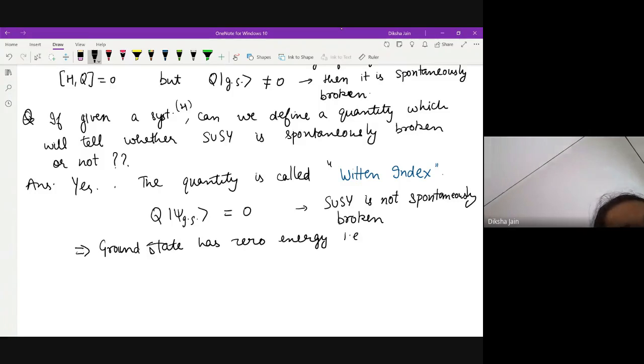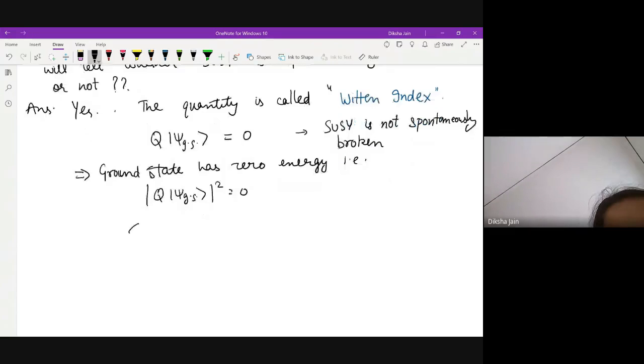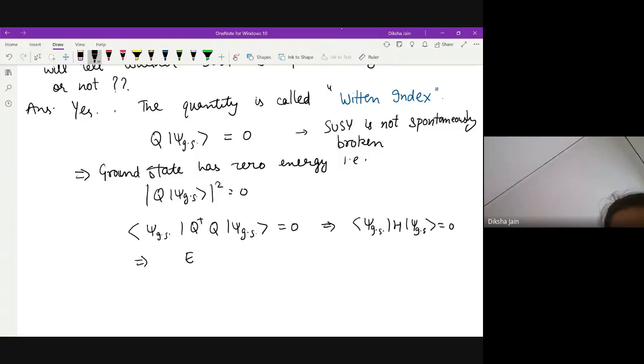That is, if I assume that the norm squared of Q acting on psi ground state is 0, this implies psi ground state Q dagger Q psi ground state is 0, which will imply that the Hamiltonian acting on psi ground state is 0. So the energy of the ground state is 0.